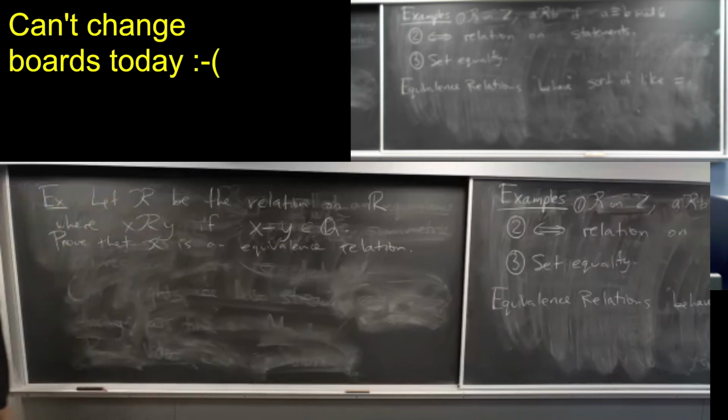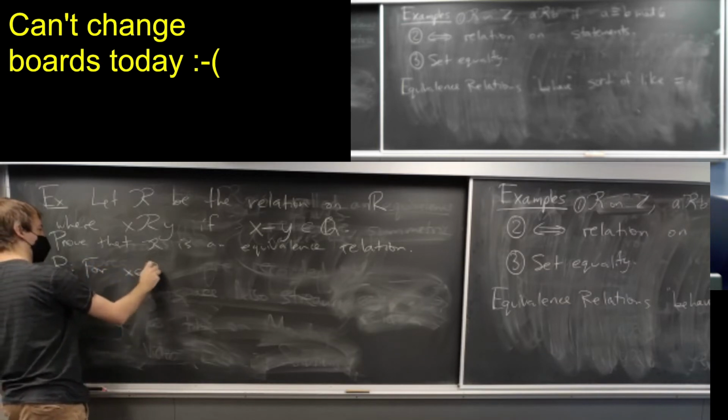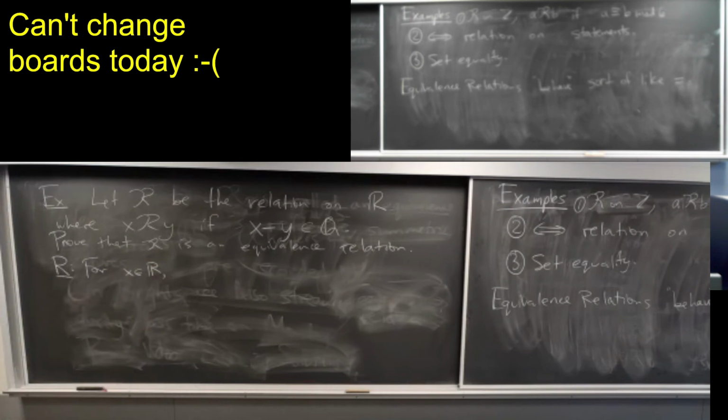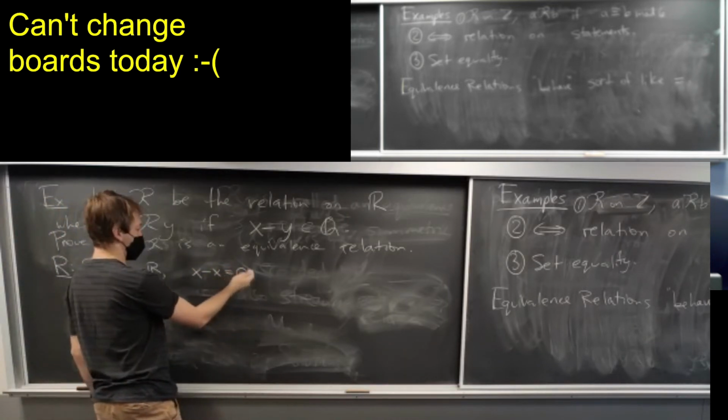Okay, so we have three things to check. The first is reflexivity. Does anyone see a quick reason why this is reflexive? Why is x related to x for every x? If I take a real number x and subtract it from itself, you get 0.